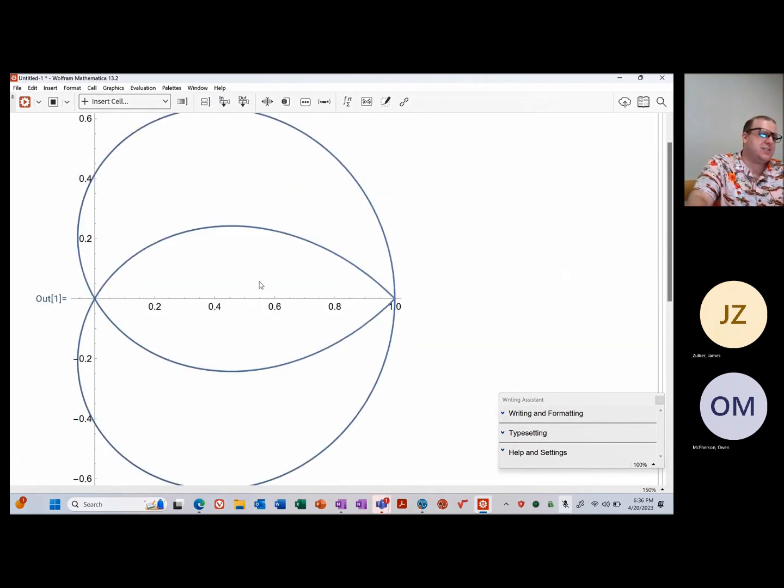Notice it's giving it on the x, y plane.